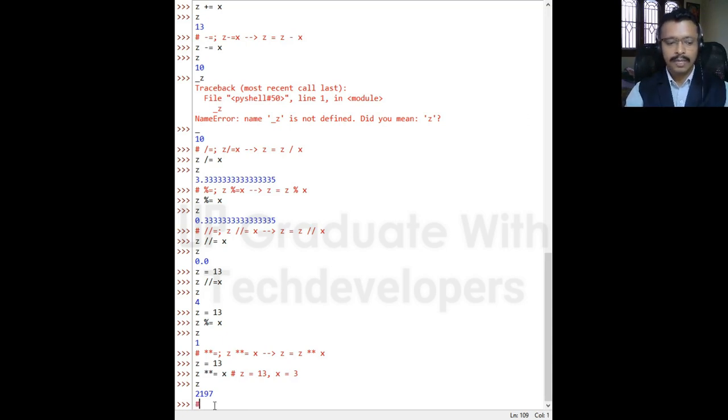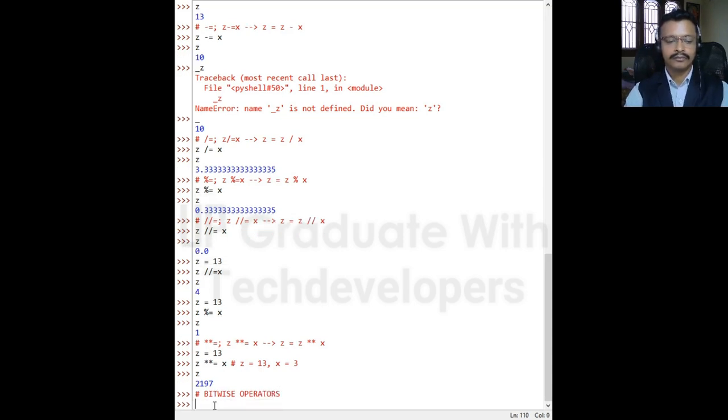Next we have bitwise operators. So bitwise operators are used to perform bitwise operation between the two values.